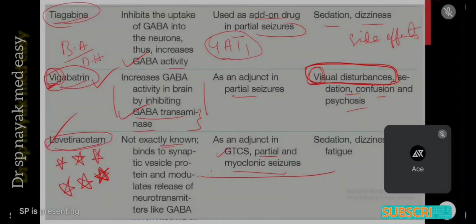Phenytoin, sodium valproate and carbamazepine have broad-spectrum activity, I mean 2 to 3 mechanisms, especially sodium valproate. When we compare sodium valproate with Levetiracetam, Levetiracetam has fewer adverse effects, fewer drug interactions, less resistance, and also good tolerability.